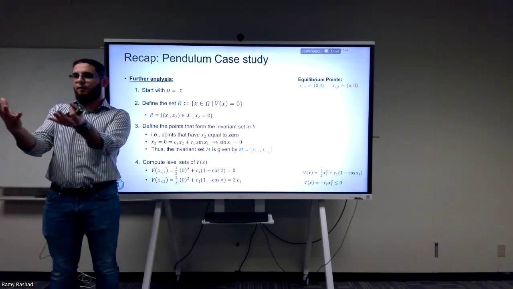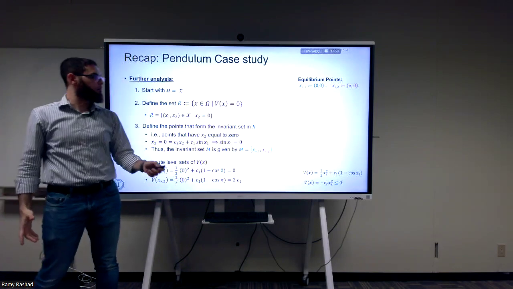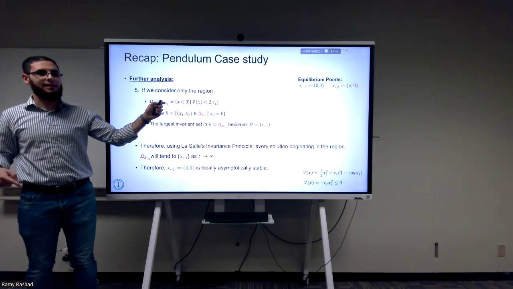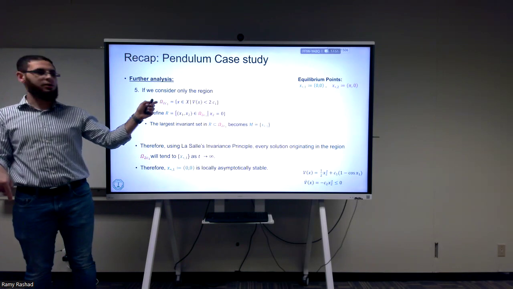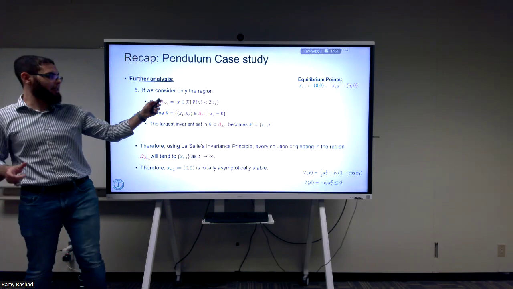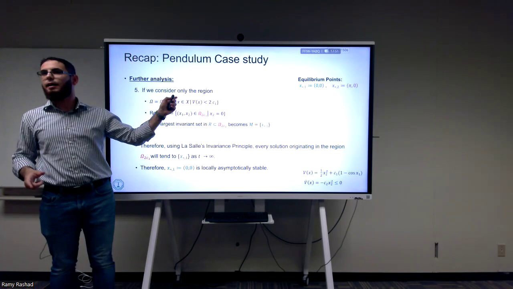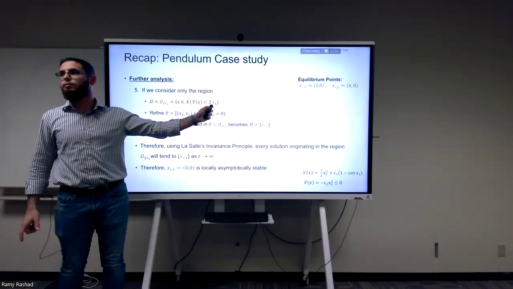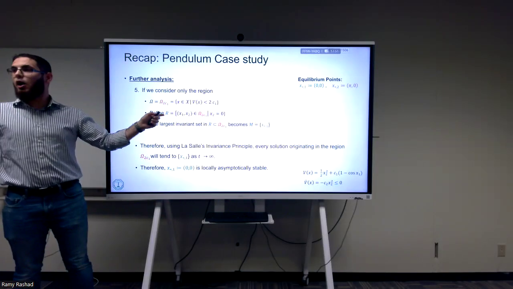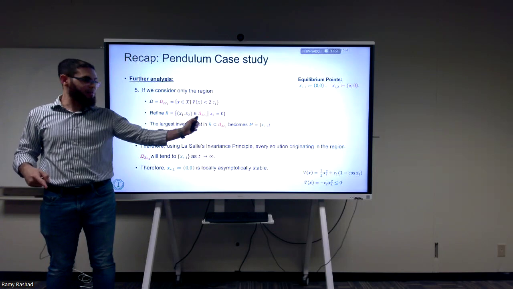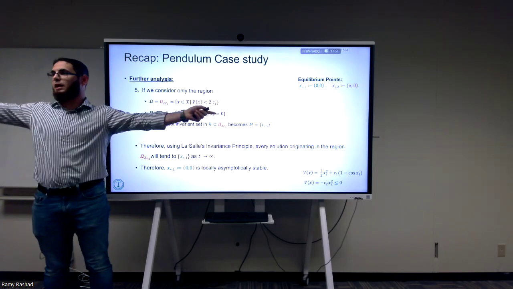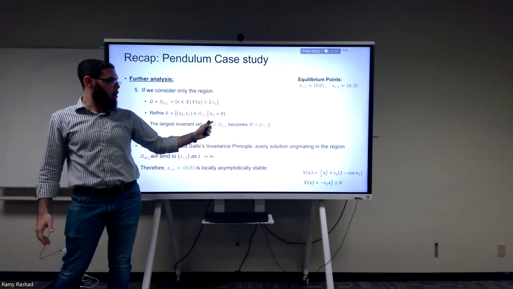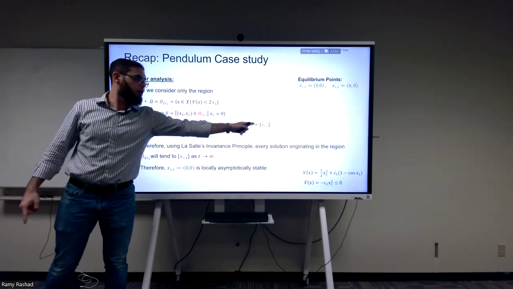So if we restrict ourselves to a domain that's just less than 2C1, in other words, if we define omega with a subscript of 2C1 as all of the points X in the state space that satisfy V of X is less than 2C1, and we define R to be all of the points that live in this smaller domain, this is not the whole state space. This is just a smaller domain. Then the largest invariant set in R becomes only one equilibrium point, which is this one.